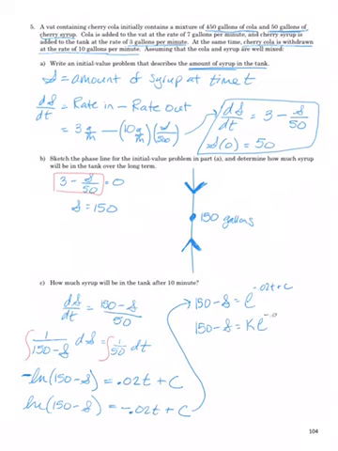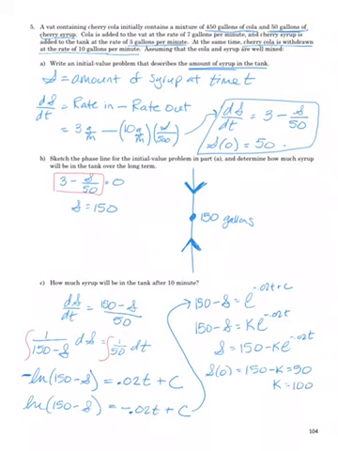So I've got S equals 150 minus k e to the -0.02 t. And then S of 0 is 150 minus k, which I know is 50 from my initial condition that I wrote earlier, which means that k is 100. So my final solution here is S of t is 150 minus 100 e to the -0.02 t.